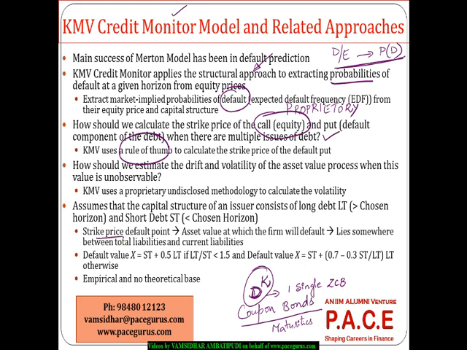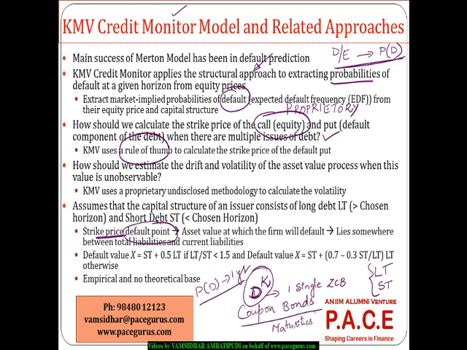They have come out with the definition of the strike price at the point of default. They are calling that the strike price at the point of default, wherein the whole debt, the different kinds of bonds the company has issued, is classified either into long term or short term. Now, let's say I am choosing the probability of default in 1 year.